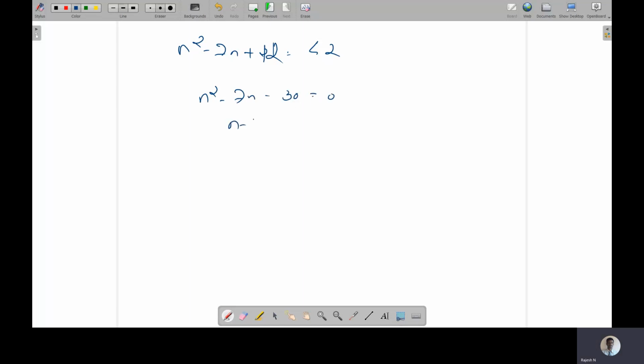So this is (n minus 10) into (n plus 3) is equal to 0. So n is equal to 10; here n is equal to negative 3, we don't take it. So n is equal to 10 is the answer.